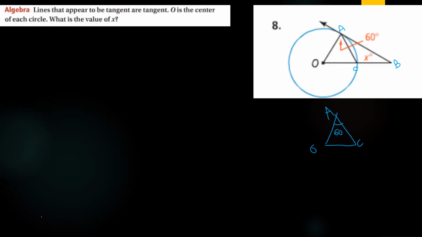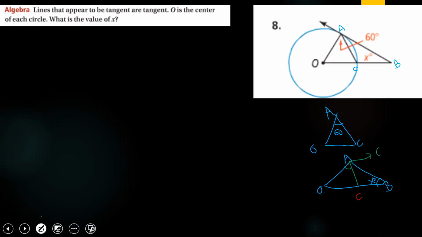And if you look at the big triangle, which is OBA, they asked me now to find X. Sorry, this is C, and this angle here is 60. So now I need to find X. How?